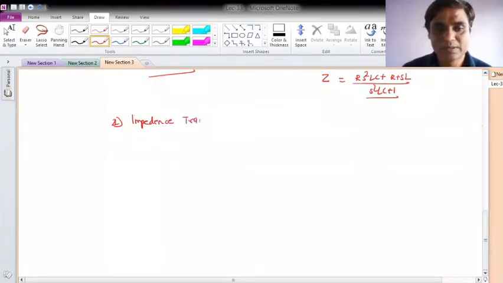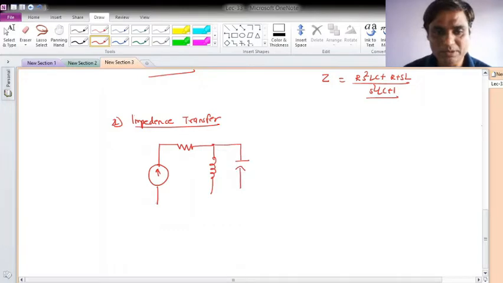We will take the same circuit here, which consists of a current generator, then a resistor, and then an inductor followed by a capacitor. Suppose this is in the Laplace domain only, I will write Ig of S, R, SL, 1 over Cs, and I would like to calculate the impedance.